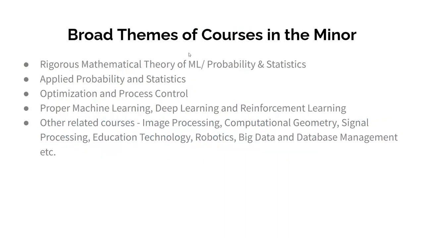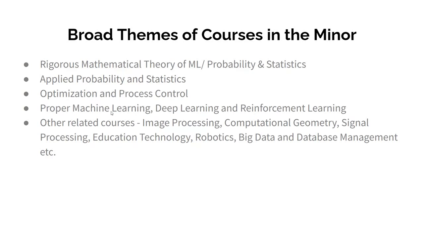Coming to the broad themes of the elective courses in the minor: you can take courses from a rigorous mathematical theoretical standpoint of machine learning, or applied probability and statistics, or process control and optimization. Essentially the Syscon and some IUR courses.